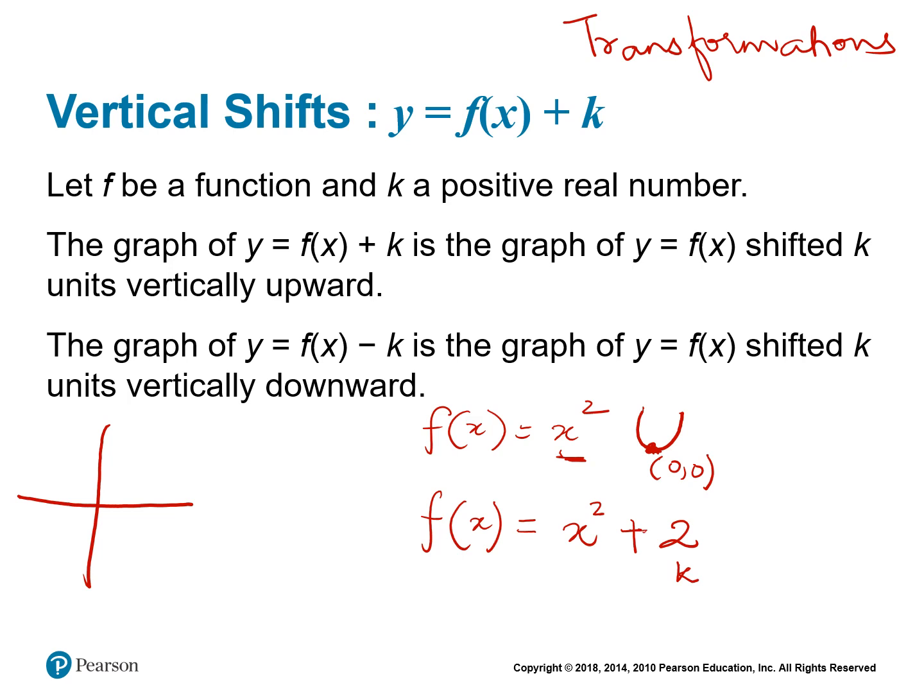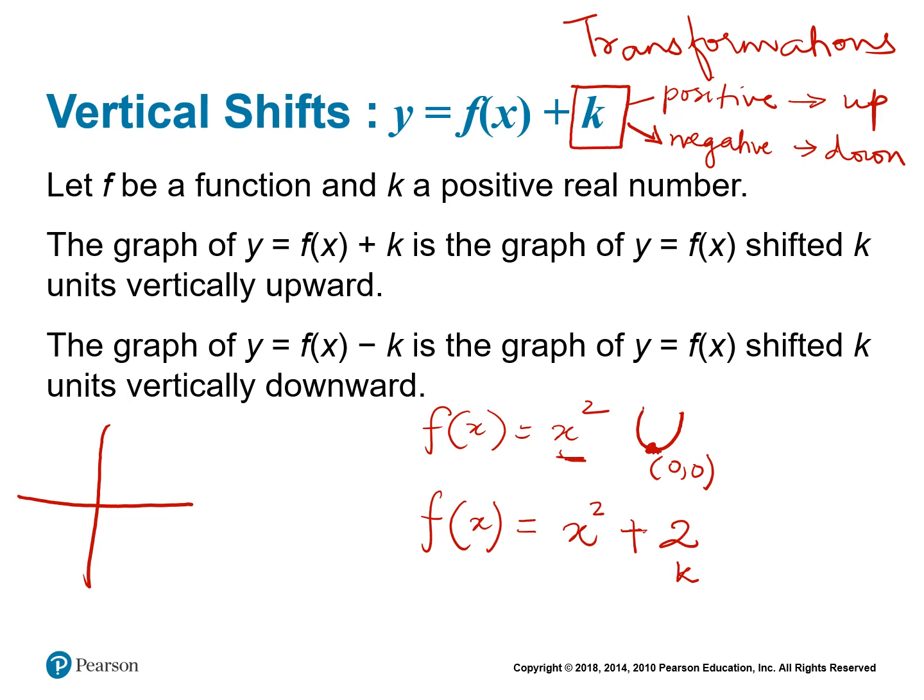The original form is f of x plus k, so we have to look at the value of k. If k is positive, then the graph slides up k units. The graph moves up the vertical axis. If k is negative, then it slides down 2 units along the y-axis.